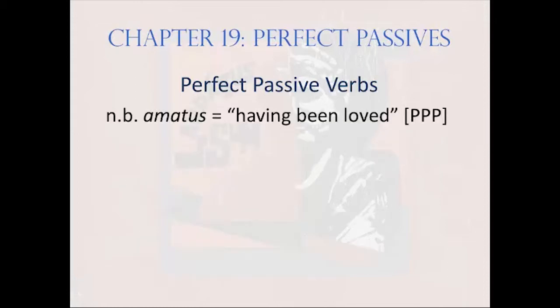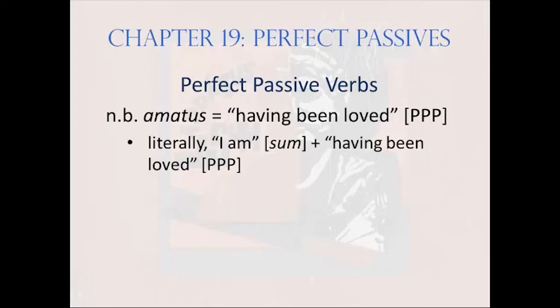Let's look for a moment at the perfect passive participle, the first of the two elements in a perfect passive verb, and note two things about it. First of all, its tense value. Because the participle represents past action, that is, its tense value is -1, it translates having been whatevered. In the case of amatus, having been loved. So when a perfect passive participle, like amatus, is added to the present tense of the verb to be, sum, it means literally, sum, I am, amatus, having been loved.